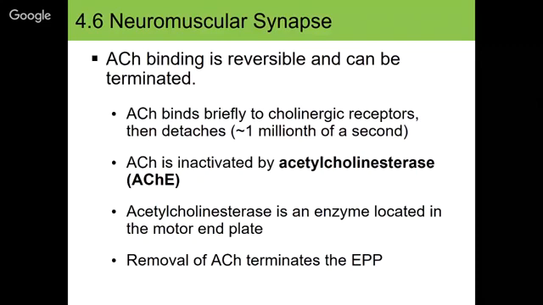Now, they bind, they open up a channel, and then they detach. Remember that this acetylcholine can be inactivated or destroyed by acetylcholinesterase, the enzyme located in the motor end plate.